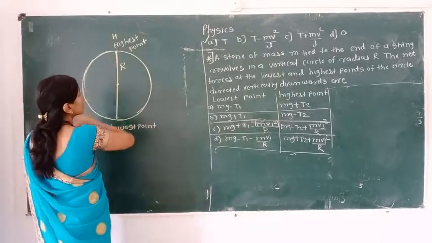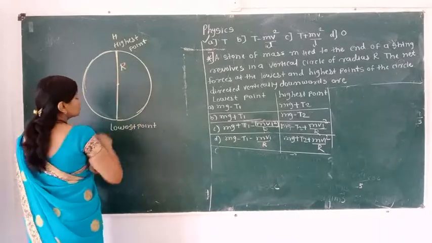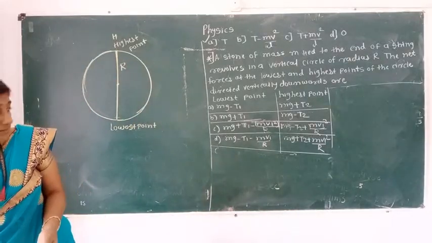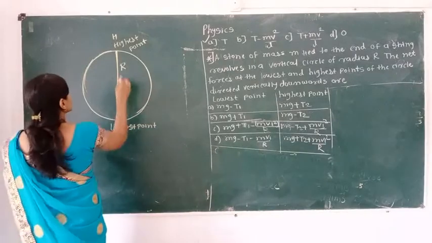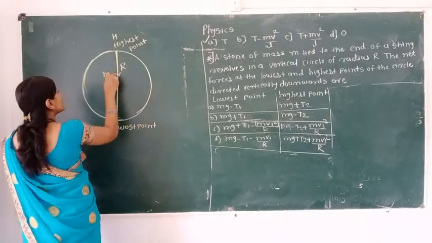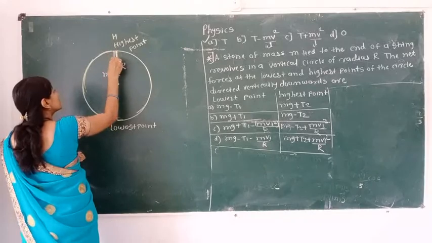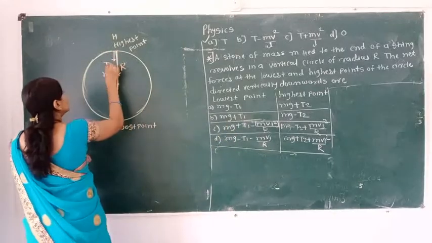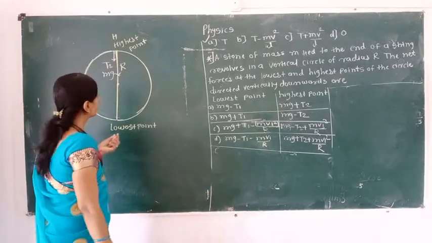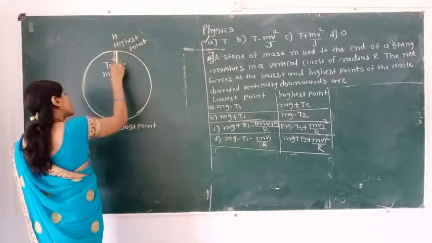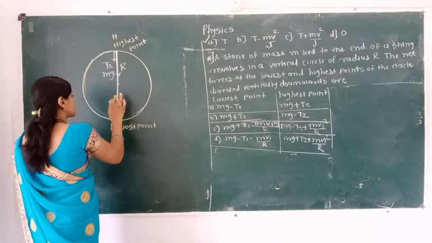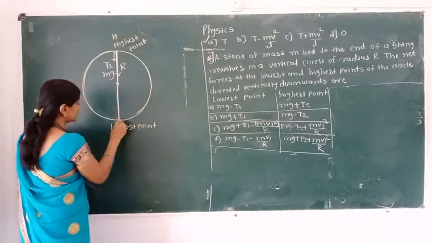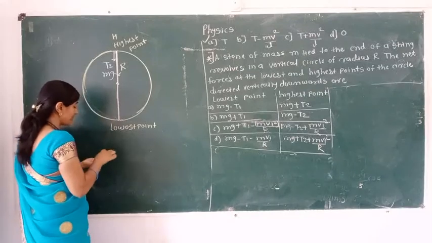We know at the highest point, see there, the two forces are present here. The force due to mg and another force is due to the tension. See there, at highest point we have to take T2. They both are vertically in downward direction toward the center. Now second is here at the lowest point.